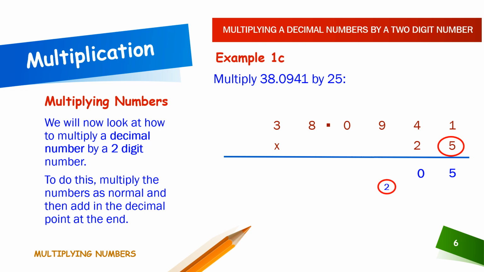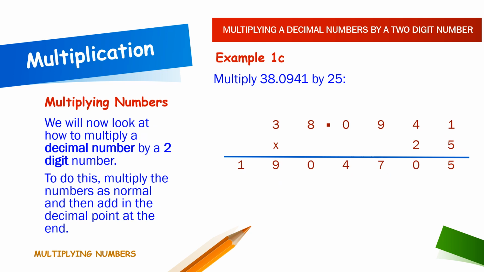Remember to add the 2 to give the answer 47. Position the 7 in the same column as the 9 and carry the 4 over to the next column along. Now continue in the same way until you reach the very end, as shown.